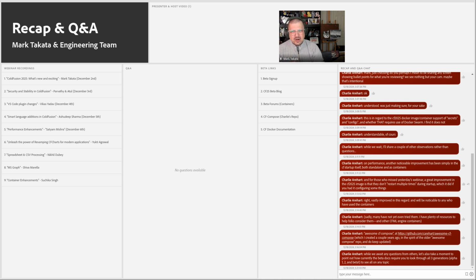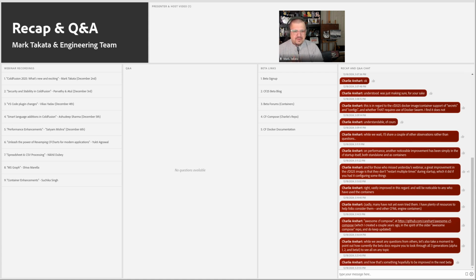Yes, yeah. So Charlie mentioned that currently, to get the full information on stuff, there's multiple documents that you have to look through, and that's true. We've got the alpha docs, both 1 and 2, and then beta 1, and potentially beta 2 is coming in a few weeks, which will probably have even more stuff in there.